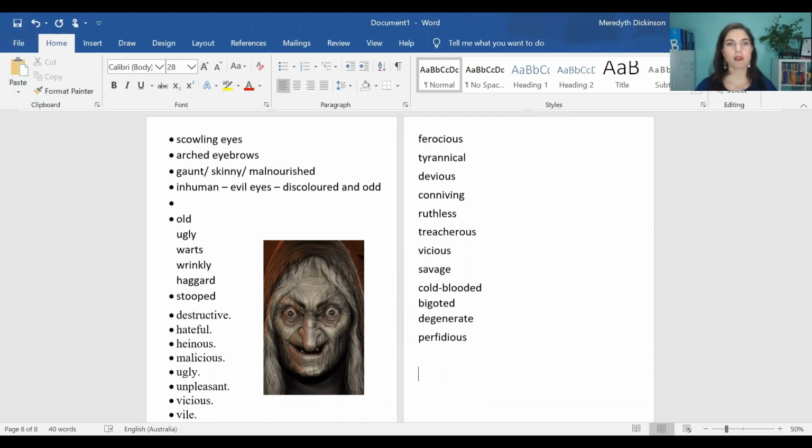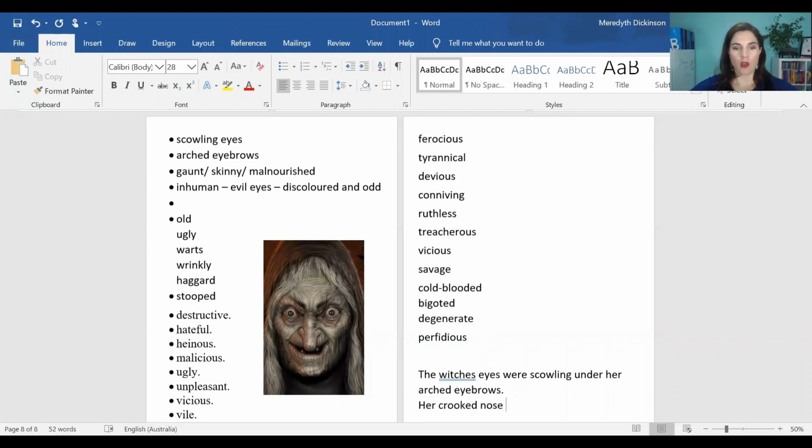So there are a couple of ways that I could do this. The first one would be to go through her features. And I could say, the witch's eyes were scowling under her arched eyebrows. Her crooked nose had warts.